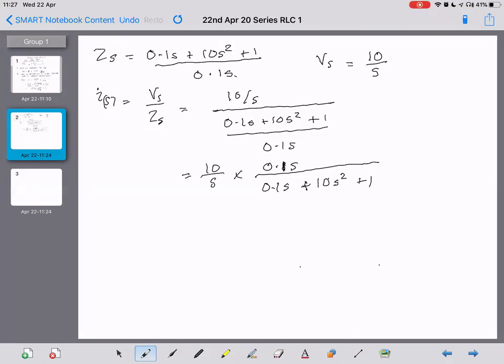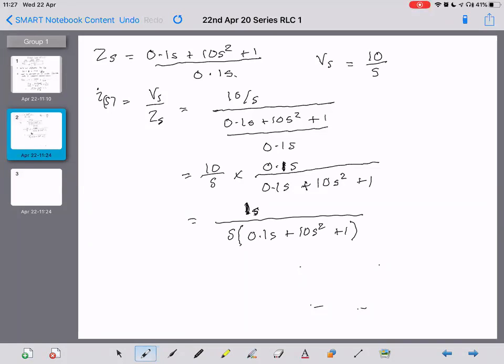Okay, so then we multiply that out. We end up with 10 times 0.1 is 1S. I'm going to write 1S there on the top, and on the bottom we've got this S times 0.1S plus 10S squared plus 1. All agree with that?